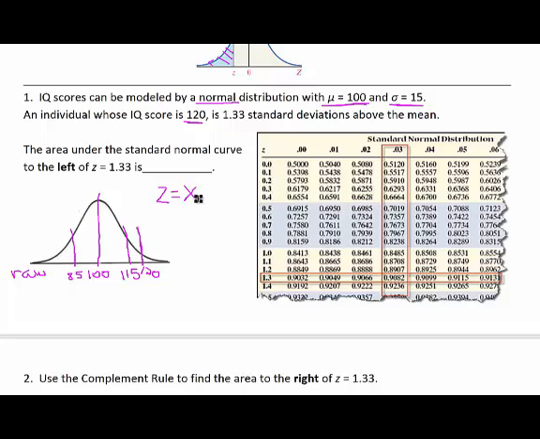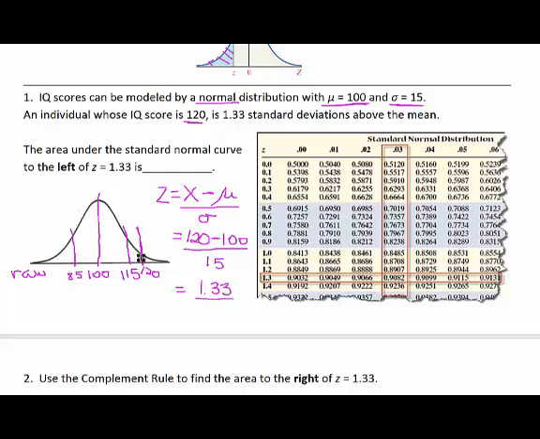This is always the thing that you're testing minus the mu, divided by the standard deviation. So that's how they're getting this 1.33. I'll just go ahead and do it. We're testing 120. Our mu is 100. And our standard deviation is 15. And if you crank all that out, you're going to get 1.33. Okay, so that's how they get the 1.33.